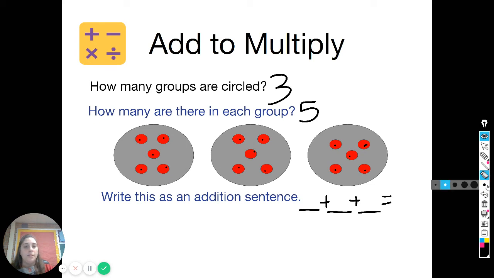Kind of gave you the answer there, unintentionally. So how many in this group, plus how many in this group, plus how many in this group?